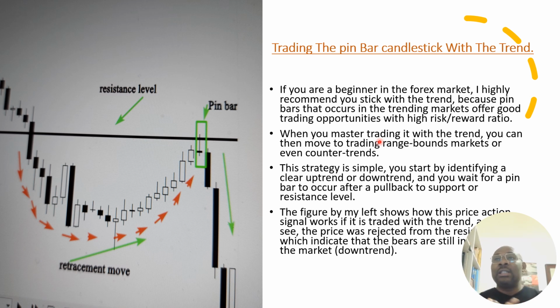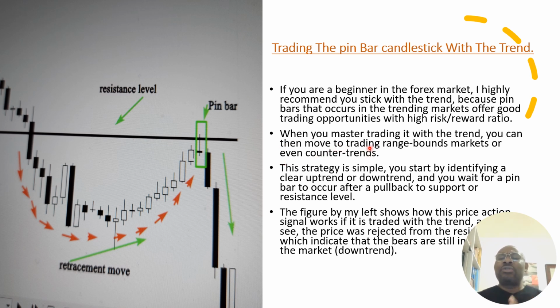Most especially where we have all the banks, financial institutions, and all that. Once they place their order, as soon as price action gets to that place, it will activate and move in the direction they want. So you always use stop loss to protect your trade. So that is how it is.